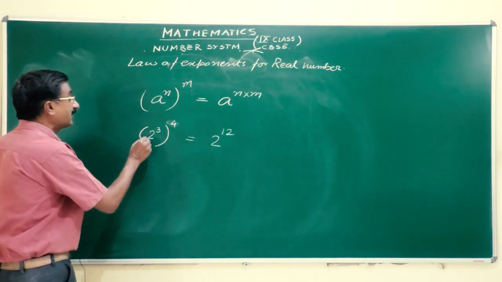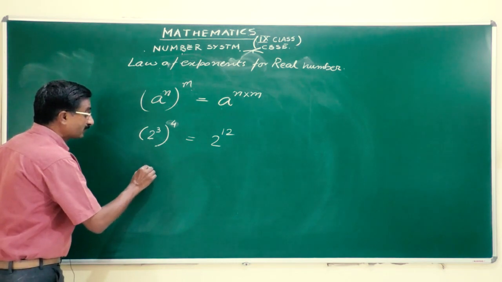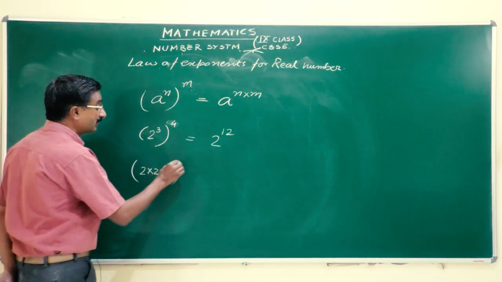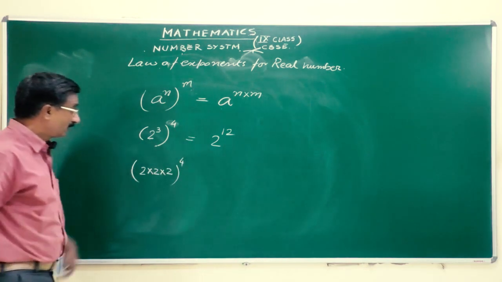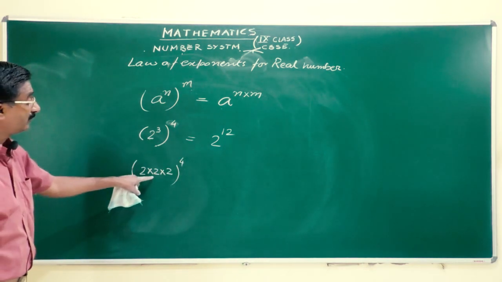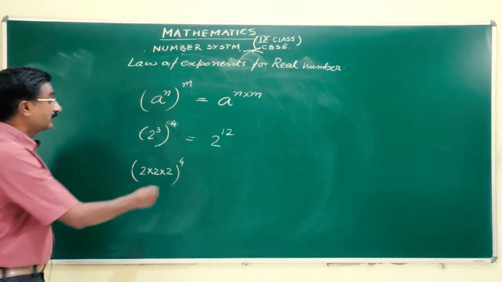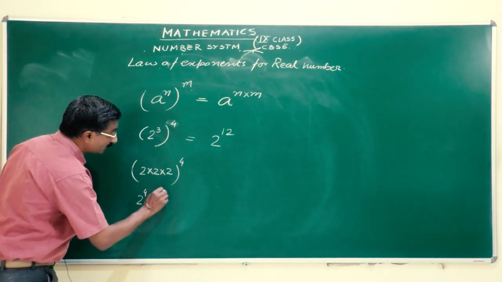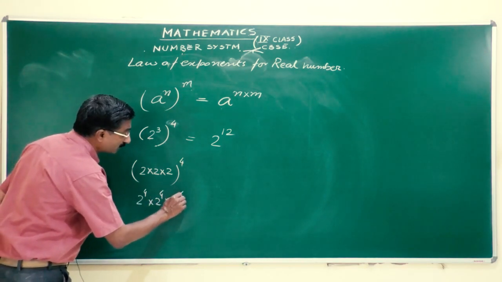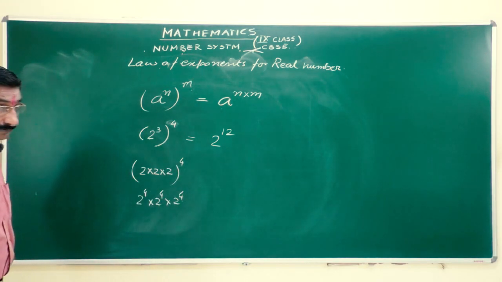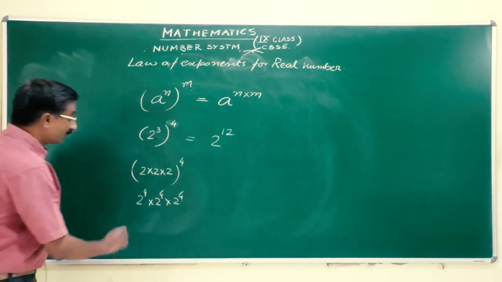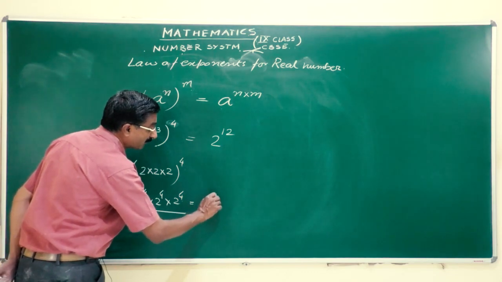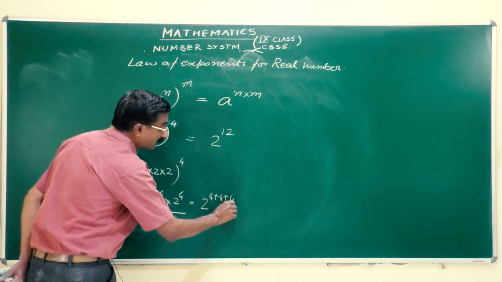Now just by example, to understand: 2 raised to the power 3 means 2 into 2 into 2, 3 times. Now 4 times: 2 raised to the power 3 into 2 raised to the power 3 into 2 raised to the power 3 into 2 raised to the power 3. Clear? Now again using the identity, what will be the value? 2 raised to the power 3 plus 3 plus 3 plus 3.